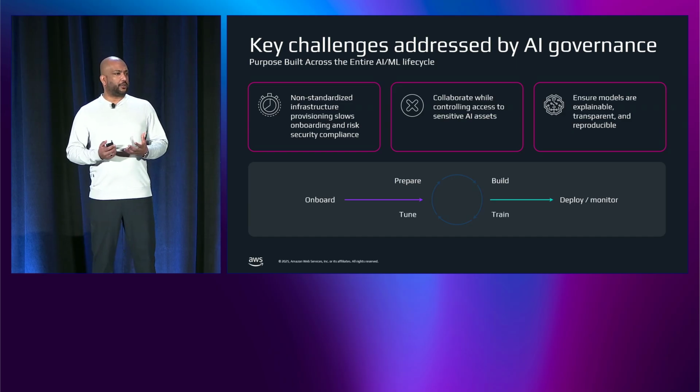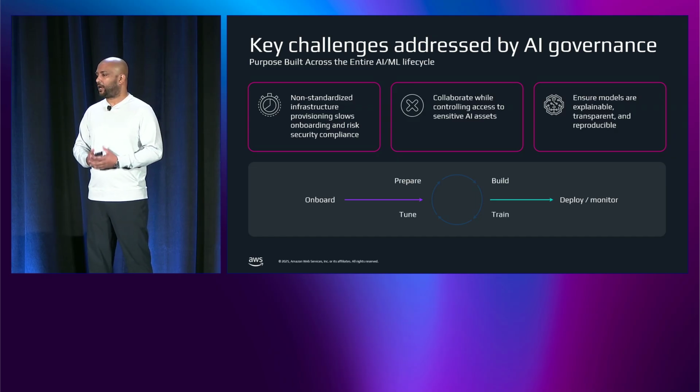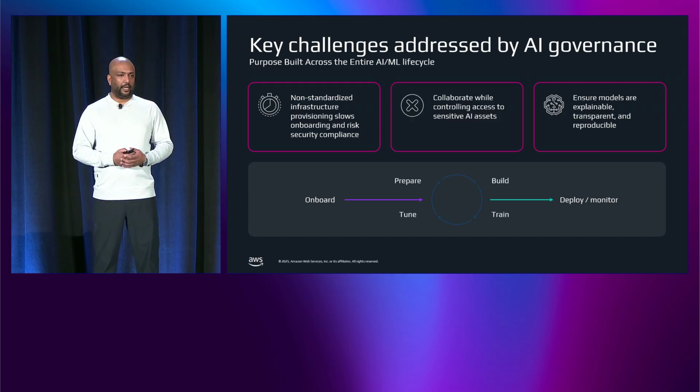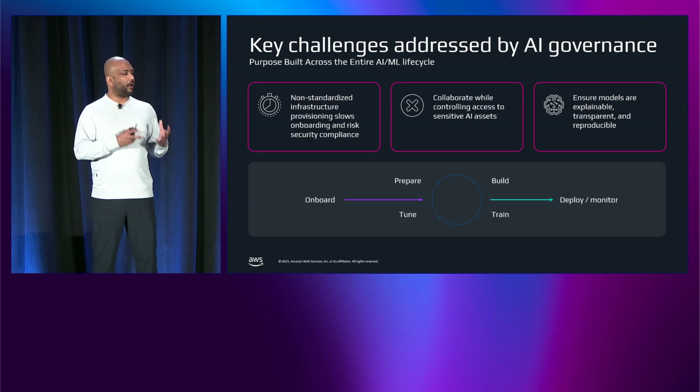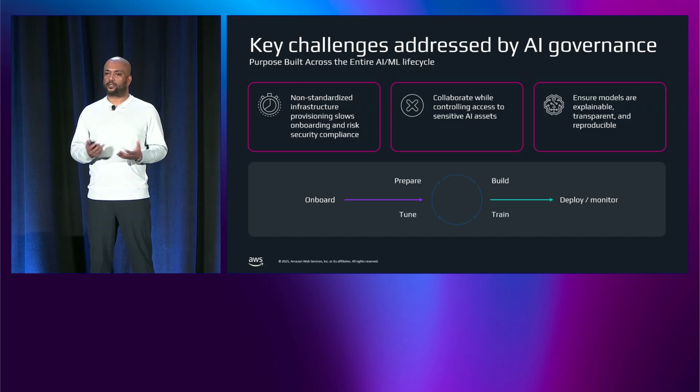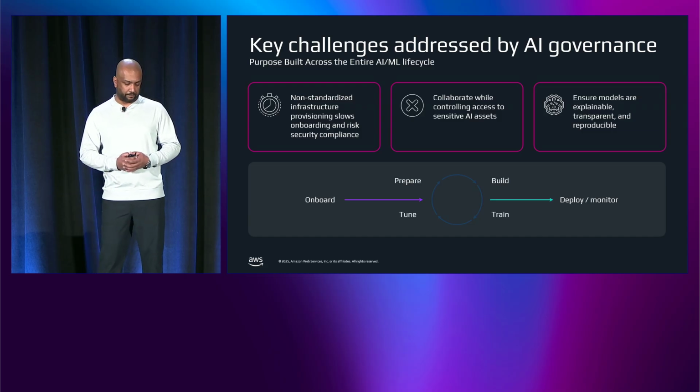And in this day and age, we have teams that are distributed across the world, so you need to be able to collaborate effectively without any risk of sharing experiments and data. And we want models that are explainable, reproducible, and you need that audit capability associated with this. And this is where governance comes into place, a big part.